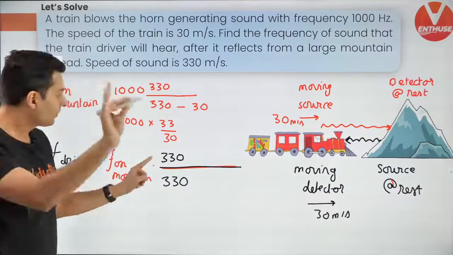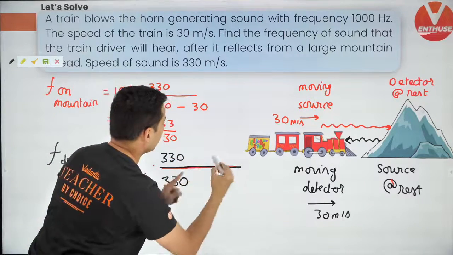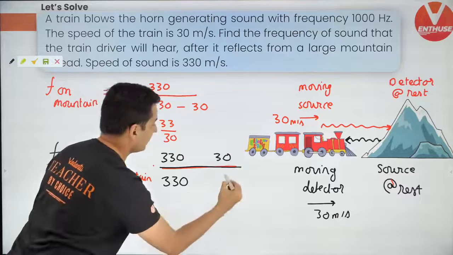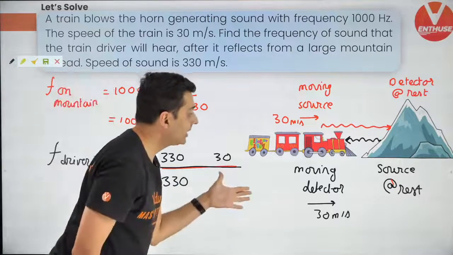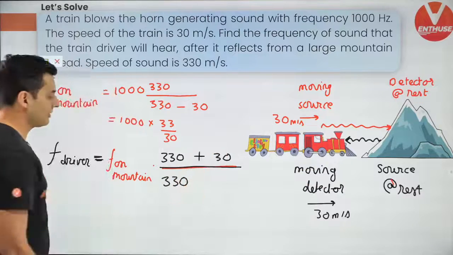On the top you should have the detector at 30, and the source is at rest, so nothing over there. The detector is moving towards the source, so it should increase, that's why plus.